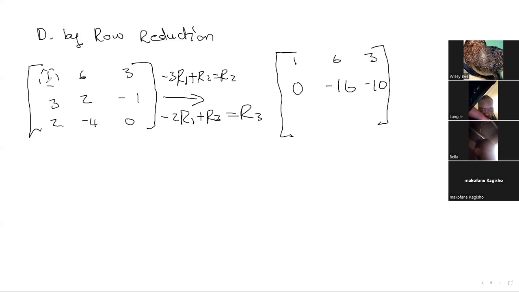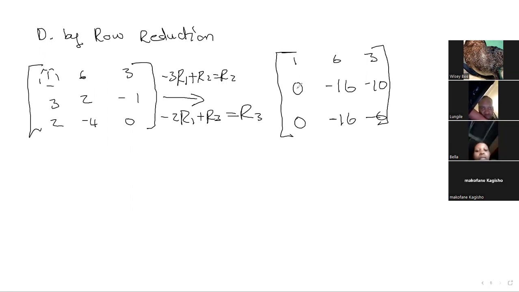Then minus 2 times 2 plus 2 is 0. Minus 2 times 6, that's minus 12, minus 12 plus minus 4, it's minus 16. And then minus 2 times 3, that's minus 6 plus 0.